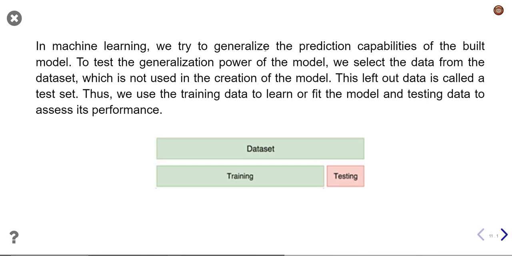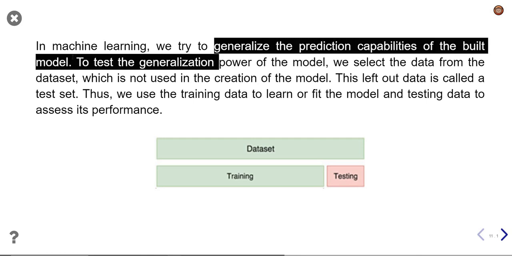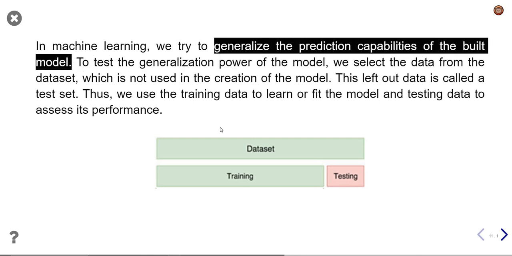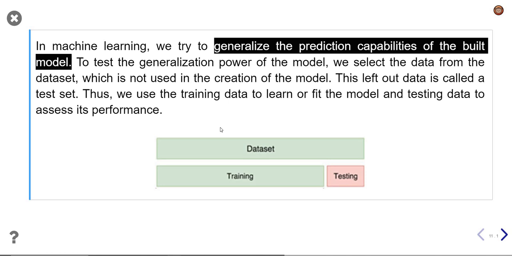So in machine learning, we try to generalize the prediction capabilities of the built model. What do you mean by generalize? It means the training data set should be representative of the entire sample.